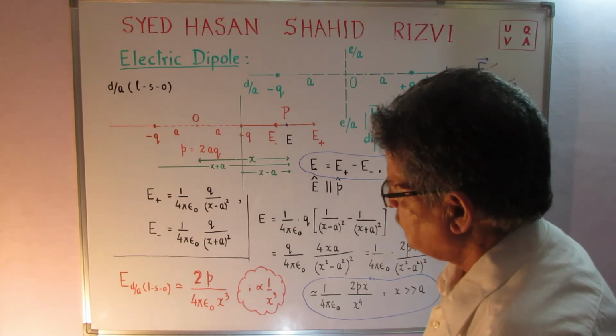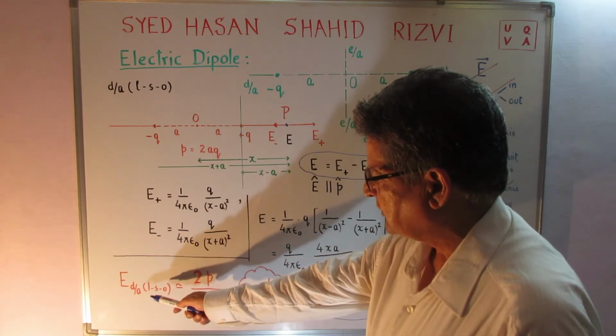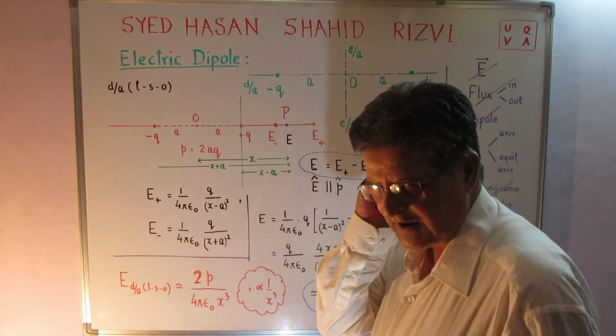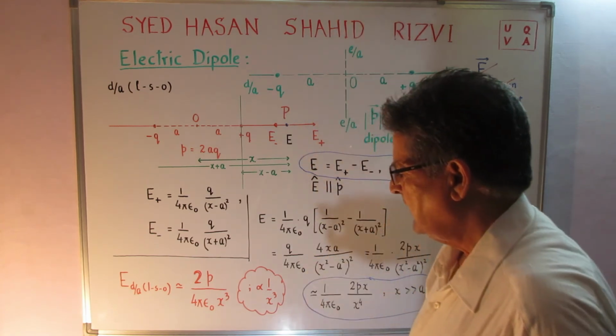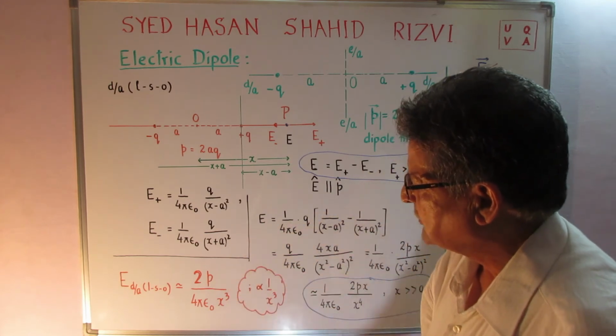So the value of the electric field that we calculate on the dipole axis, in the end-on position, turns out to be 2p upon 4 pi epsilon naught x cubed.